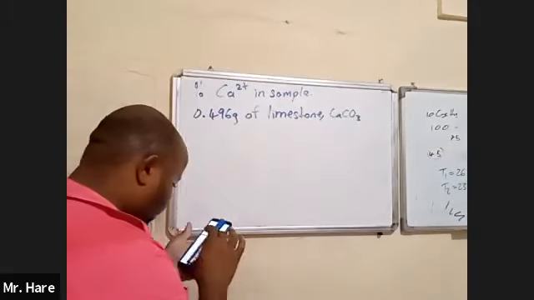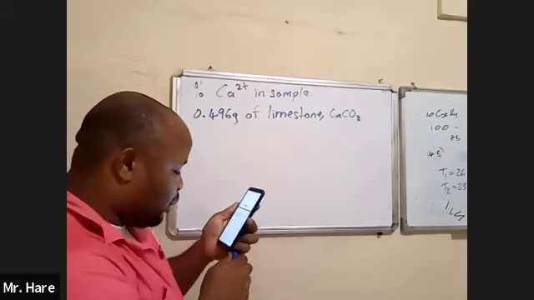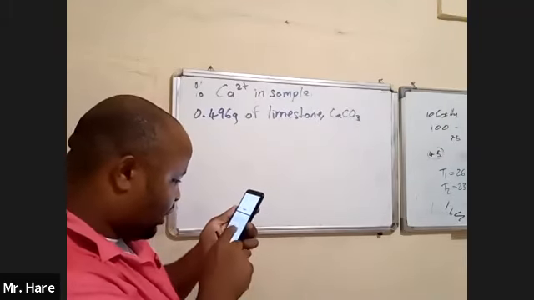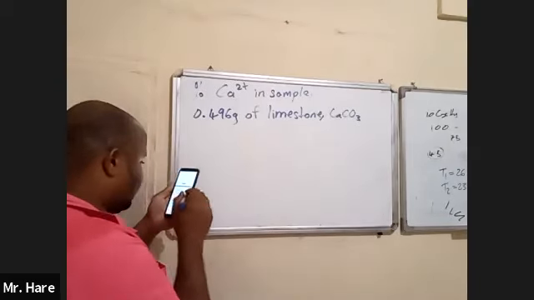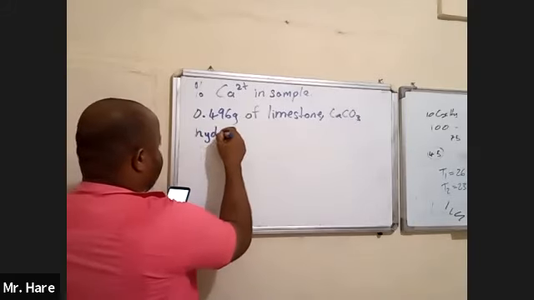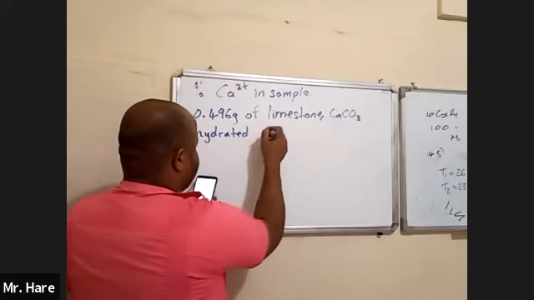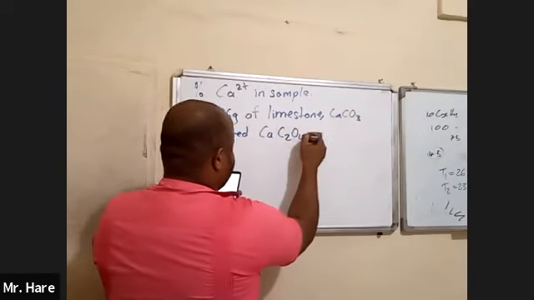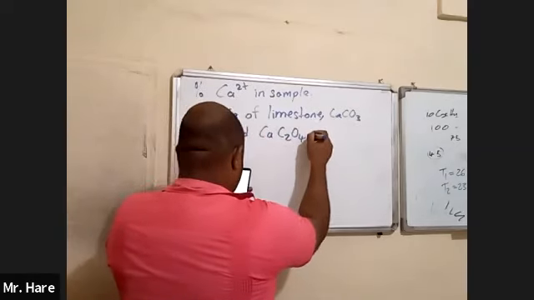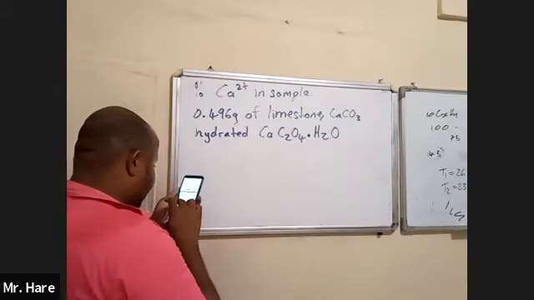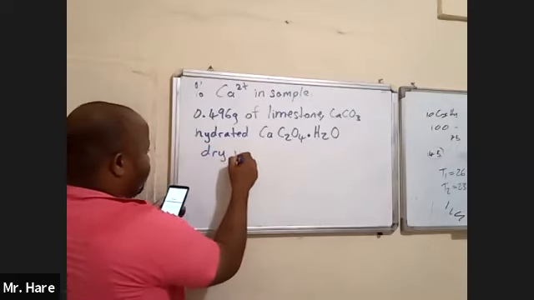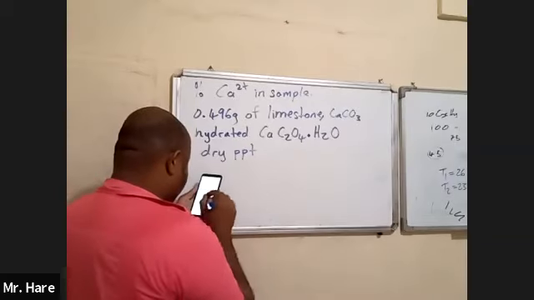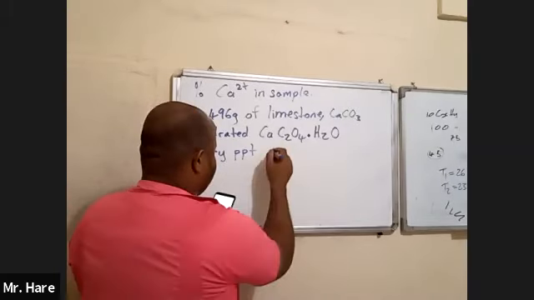Now it says the calcium was then precipitated as hydrated calcium oxalate, and the dry precipitate was found to have a mass of 0.619 gram.